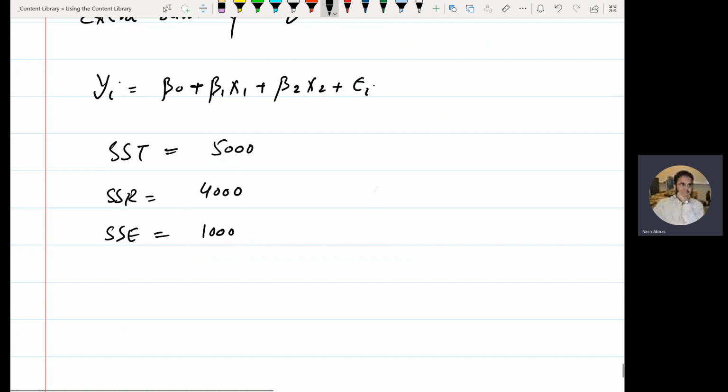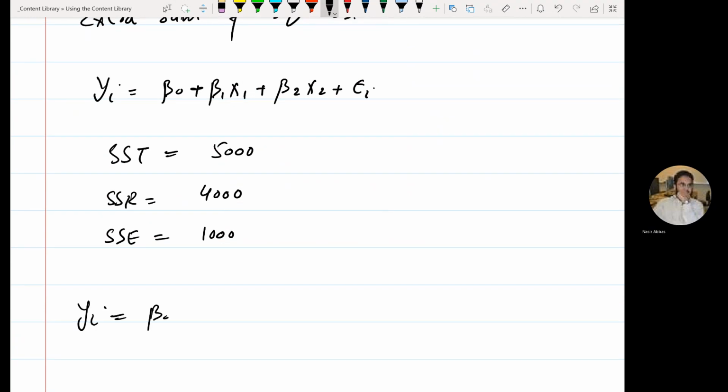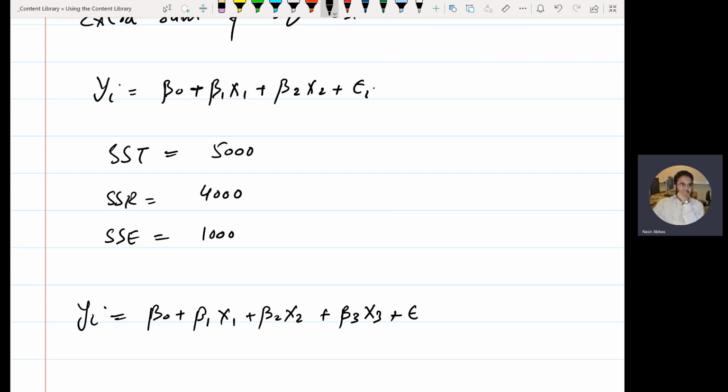Now, if I add another predictor, what will happen to SSR? It will increase, or it will stay the same. It will not decrease because it's the square of the variation explained. It may increase, or if x3 is useless, it will not increase. It will stay the same, which will give us an indication that the newly added variable is a useless variable.